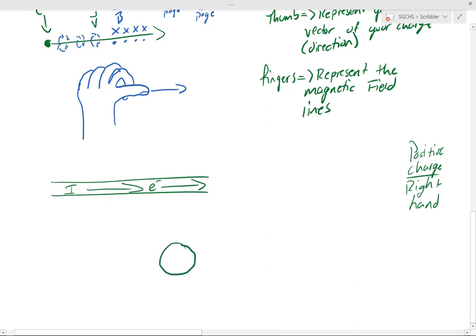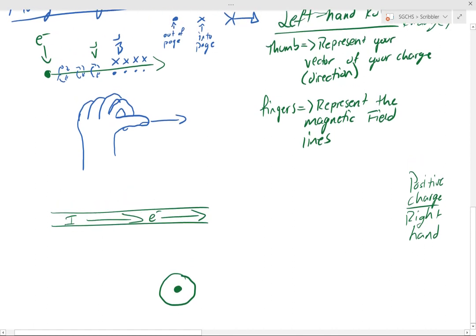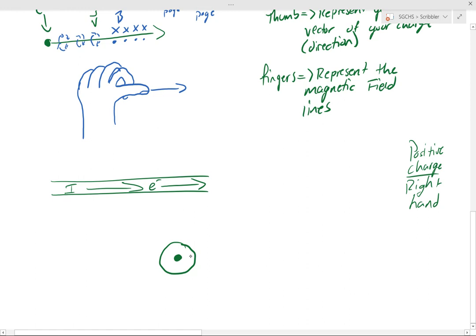So we have our wire, the top of the wire there. Let's say the current is moving out of the page, so towards your face. This represents our current. Well, remember, that's a bunch of electrons. I'm going to say negative current I, a bunch of electrons coming towards us.